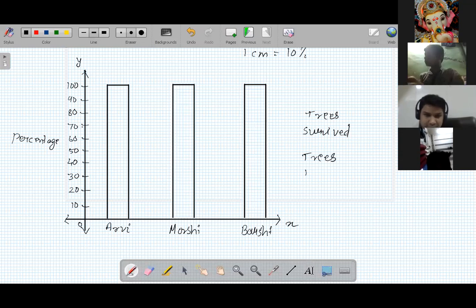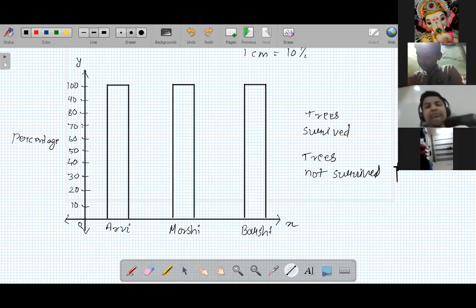The percentage of trees survived, and trees not survived. So we'll have to denote them. We have to give them some pattern, a colored pattern and a non-colored pattern.